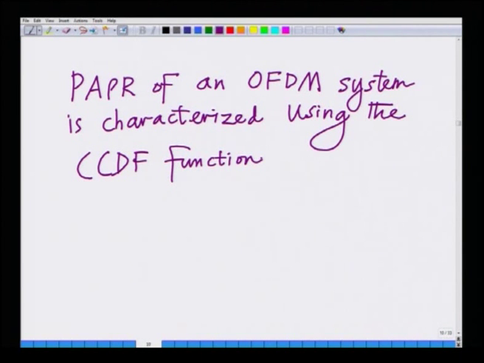The CCDF function, that is the complementary cumulative distribution function.